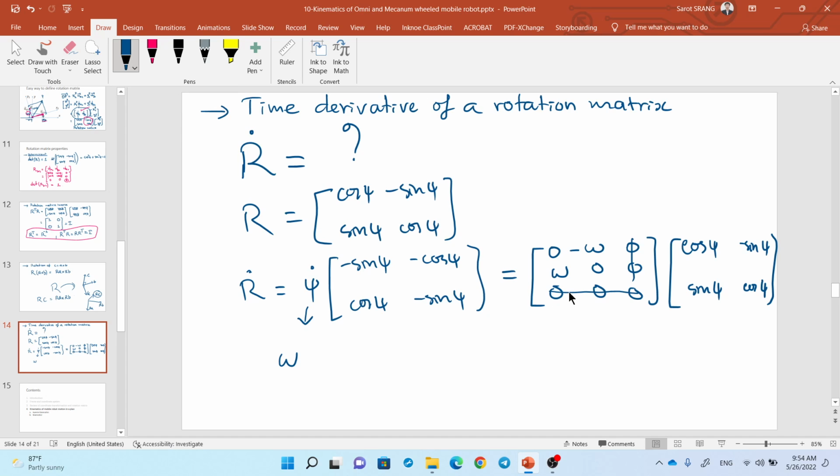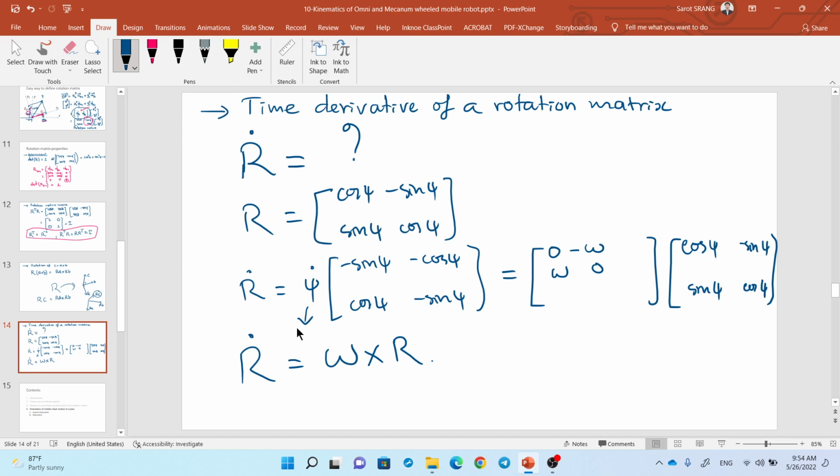You will know why I immediately write the 3 dimension, right? Because there is a way to prove that the derivative of a rotation matrix is omega tilde, angular velocity tilde, times r, or omega cross r.